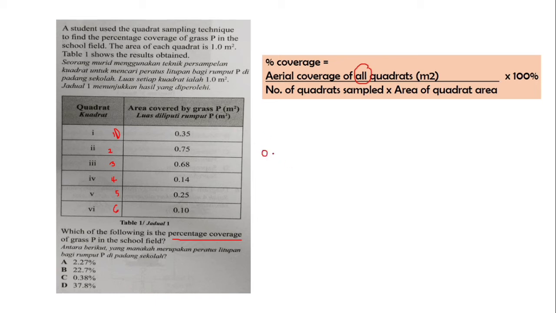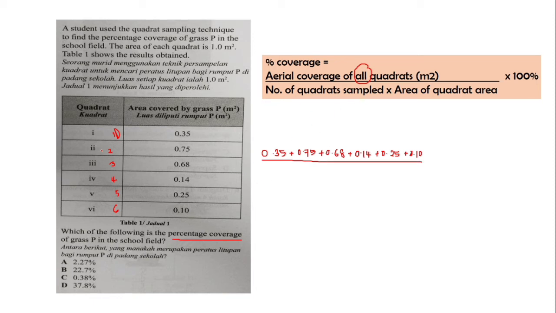Awak just total up 0.35 plus 0.75 plus 0.68 plus 0.14 plus 0.25, okay, plus 0.10, and then you divide by the number of quadrat samples.